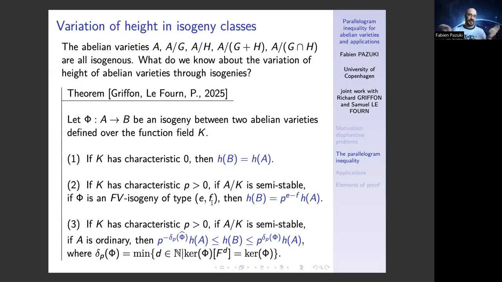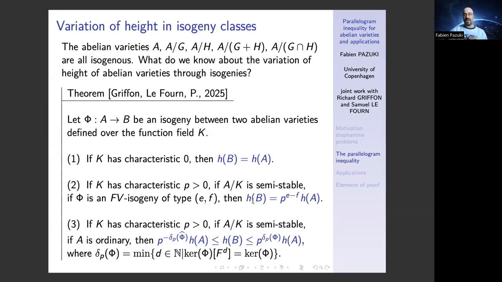You can start with whatever you want. You just count the number of times you raise to the power P and the number of times you do the Verschiebung. So that's e and f. Little e is for the big F, and little f is for the big V. Okay, this is maybe not the best notation, but you understand. So this is basically how many Frobenius and how many Verschiebung you have in your composition.